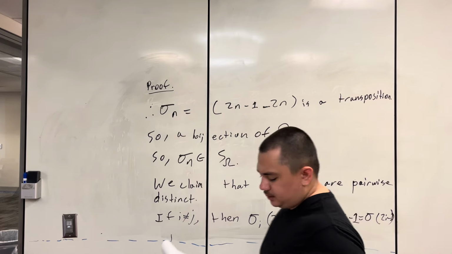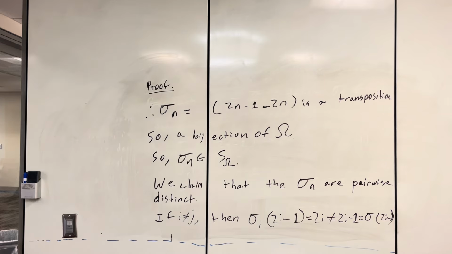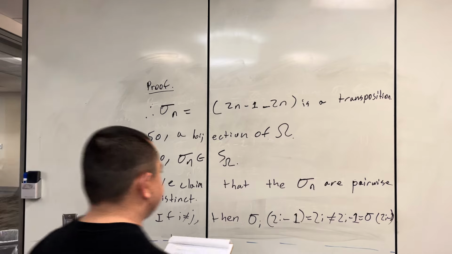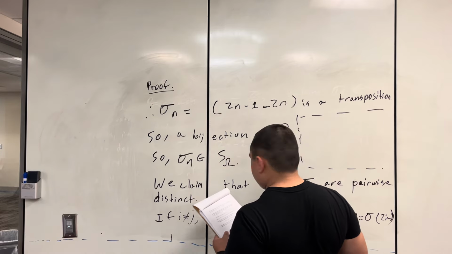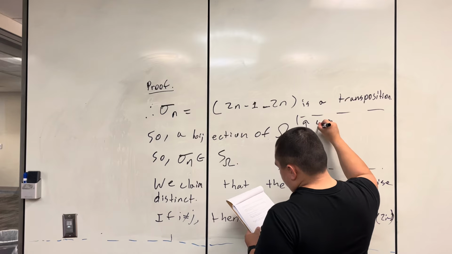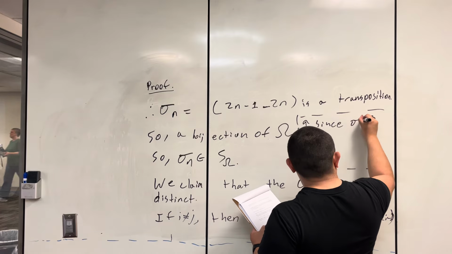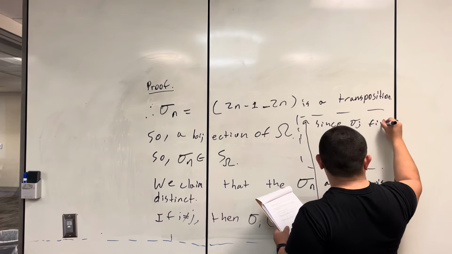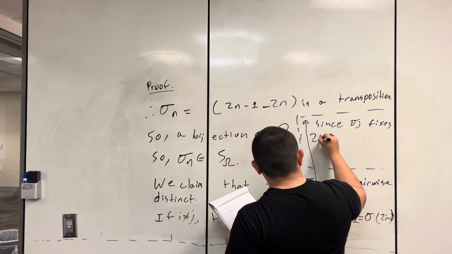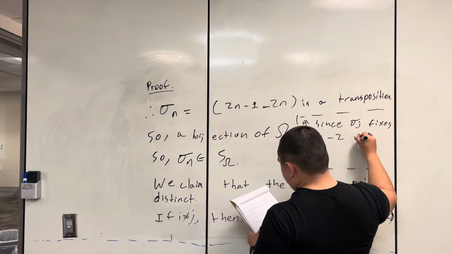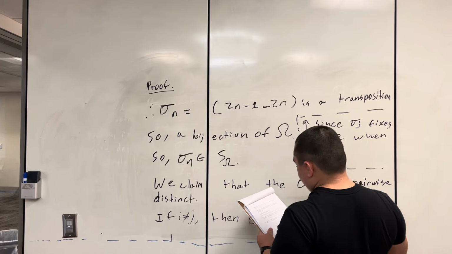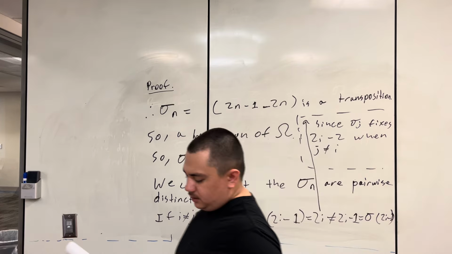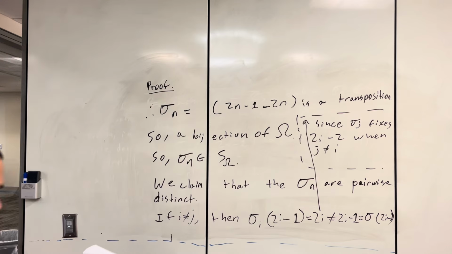Okay, since sigma sub j fixes 2i minus 1 when j is not equal to i, right? Okay.